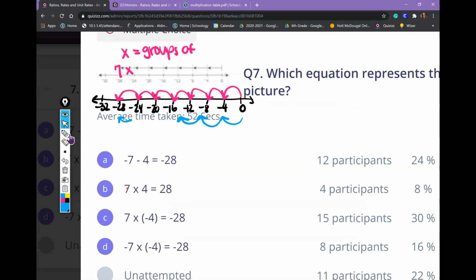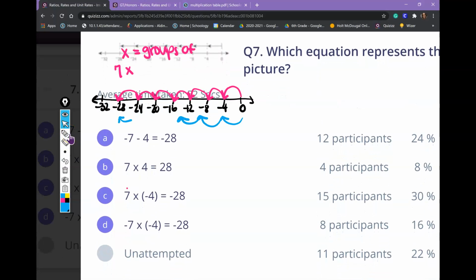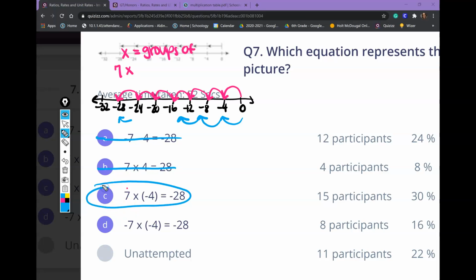I'm looking for a problem that has 7 times -4. My first option is subtraction, so no. My second option is a +4, no. My third option is 7 times -4, yes. If you picked D, remember that a negative times a negative is a positive, so this couldn't have been correct, because that answer is negative.